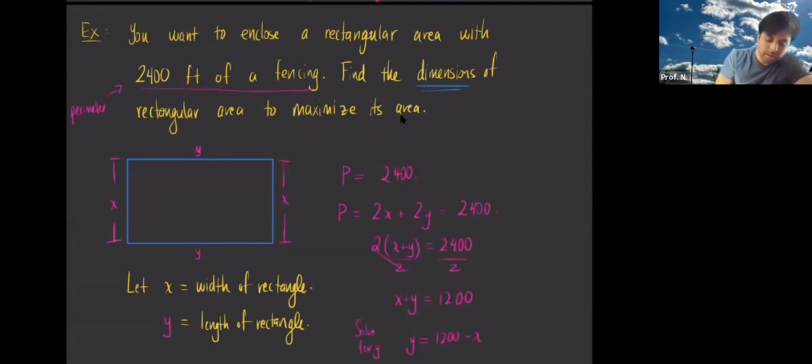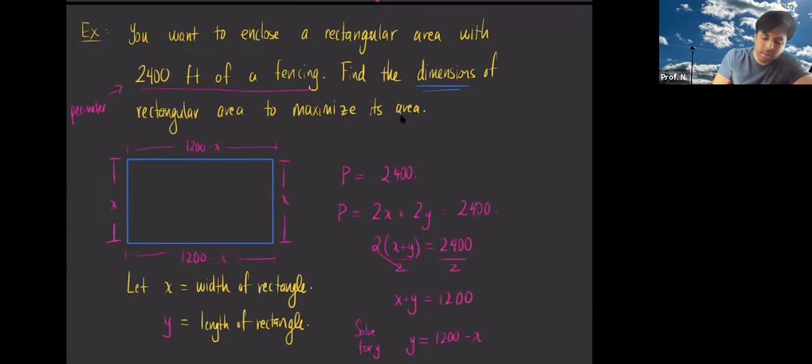So I can rewrite y. I can really rewrite this as 1200 minus x, and this is going to be 1200 minus x. Do I know what x is? I don't know what x is. But whatever x would be, this would be 1200 minus that value.